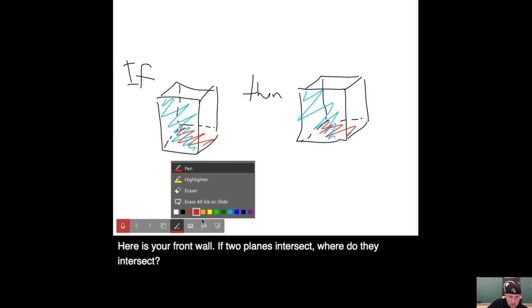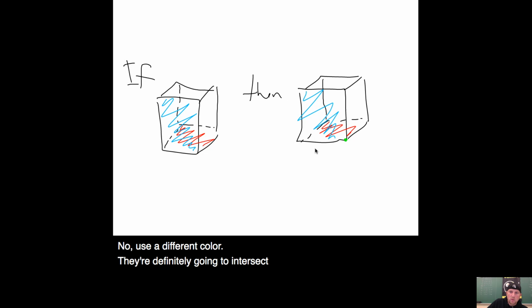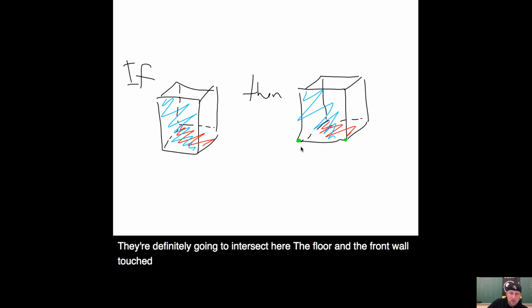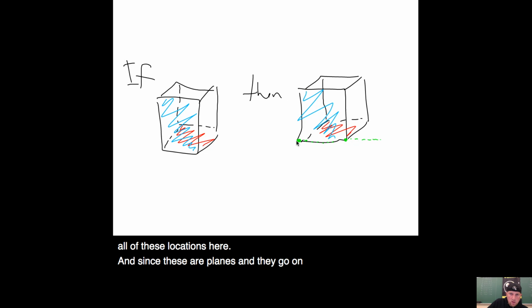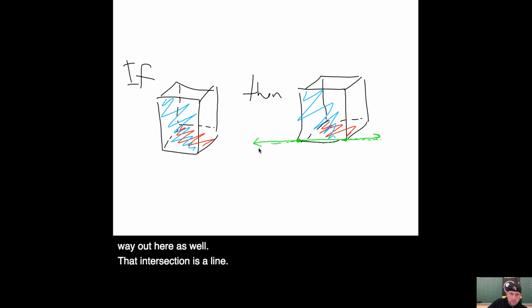Oh, I'll use a different color. They're definitely going to intersect here. The floor and the front wall touch there, and they also touch here. And then they also touch in all of these locations here. And since these are planes and they go on forever, they touch all the way out here as well. That intersection is a line. If 2 planes cross, then they cross at a line.